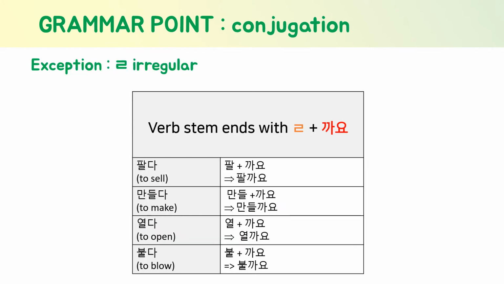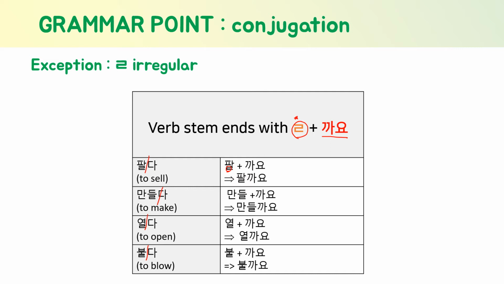Okay. So here, if the verb stem ends with the consonant ㄹ, add 까요. So 팔다, 만들다, 열다, 불다. So 팔, the stem ends with ㄹ. All you need to do is add 까요.